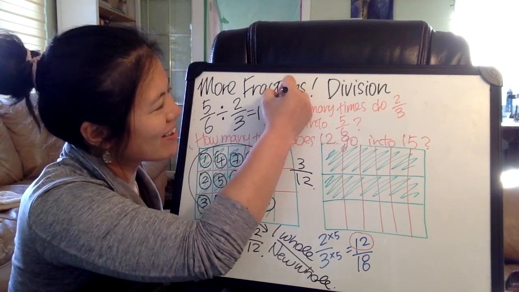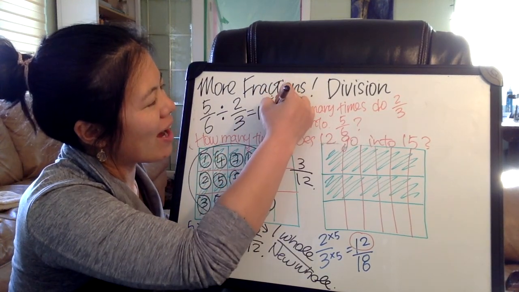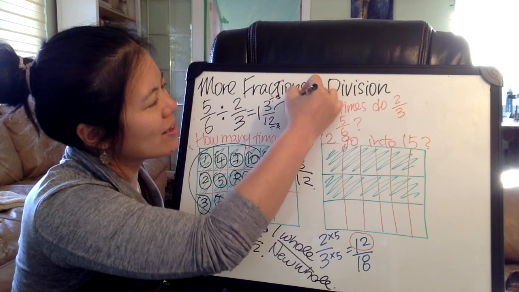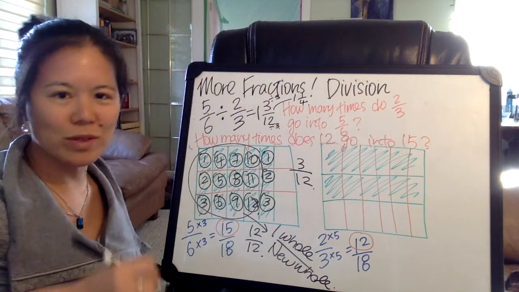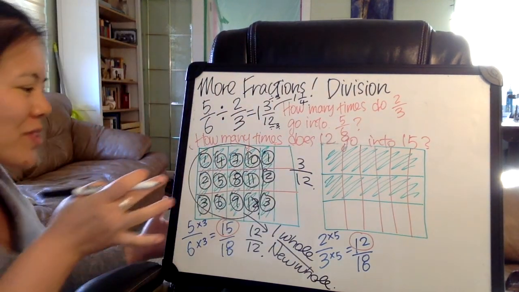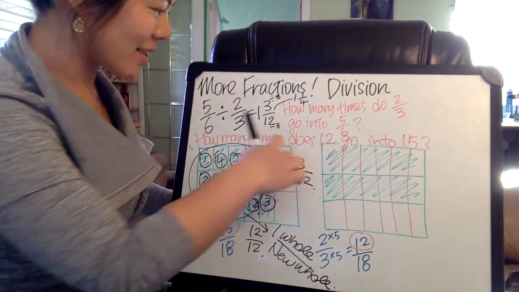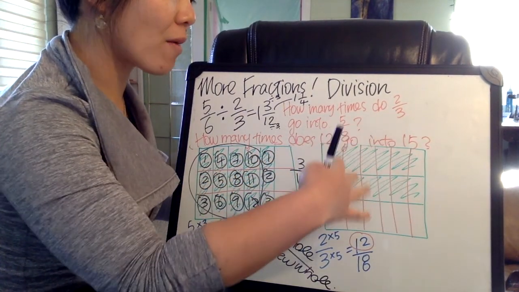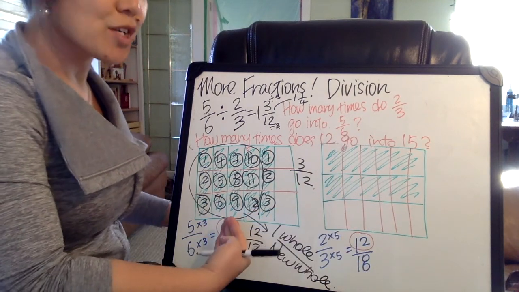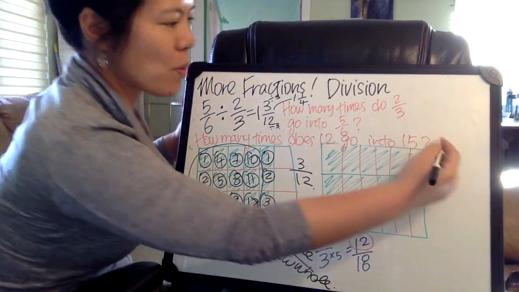Then I can simplify by dividing both the numerator and the denominator by 3. So I have 1 1/4. Also, I can describe how many times 12 goes into 15 as 15 divided by 12.